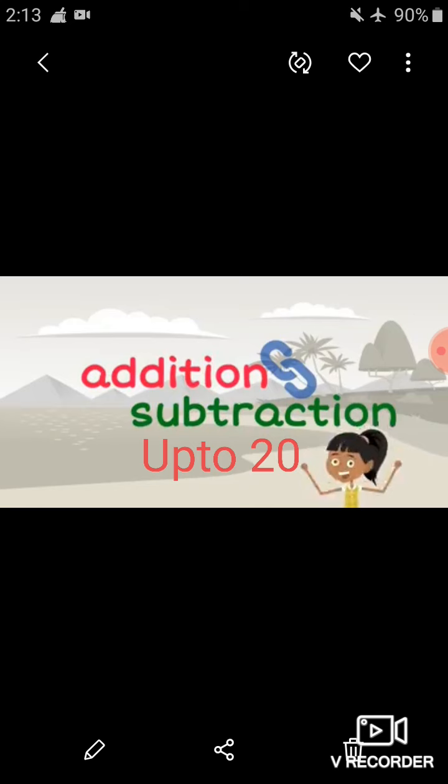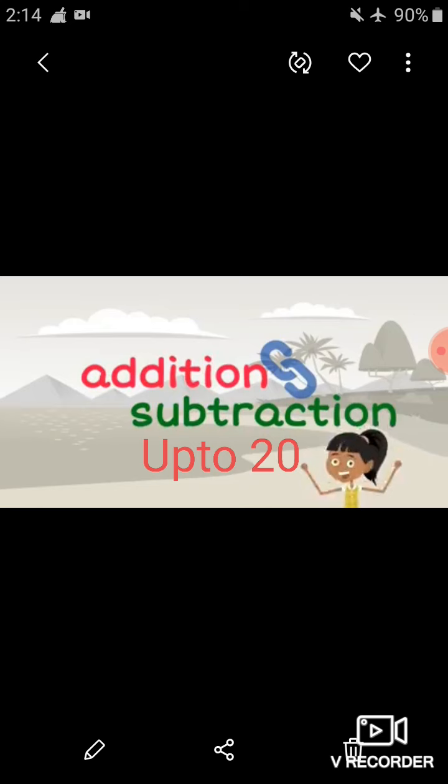So students, in our previous chapters, we covered the topics addition up to 10, adding 0, adding 1, addition facts, vertical addition, order in addition, and we also discussed subtraction up to 10 with counting backwards to subtract, subtracting 0, vertical subtraction.